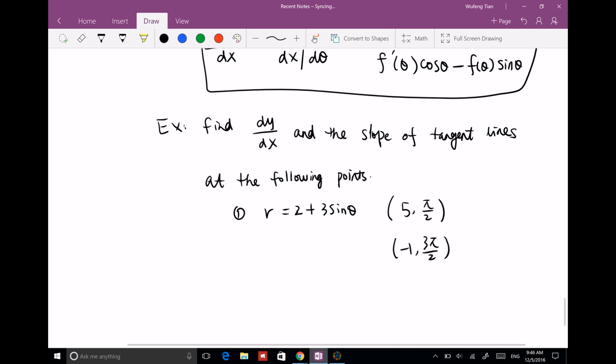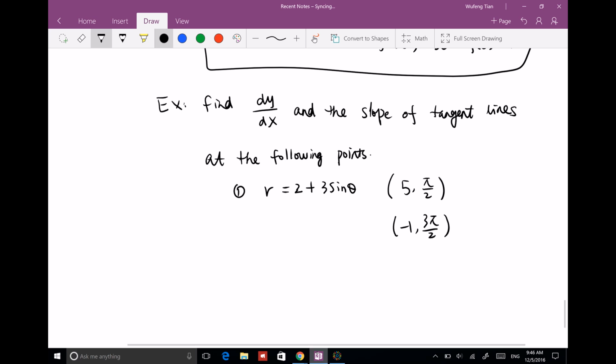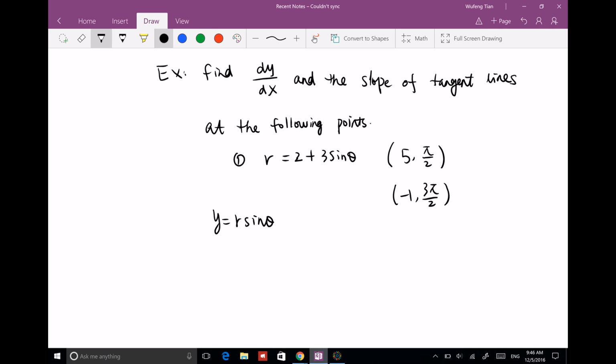Okay. So, since r equals 2 plus 3 sine theta, we got y equals r sine theta. And r equals this. So we got y equals 2 plus 3 sine theta, times sine theta.